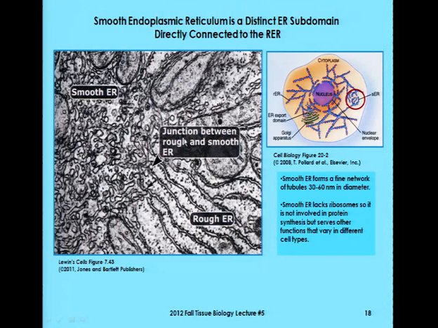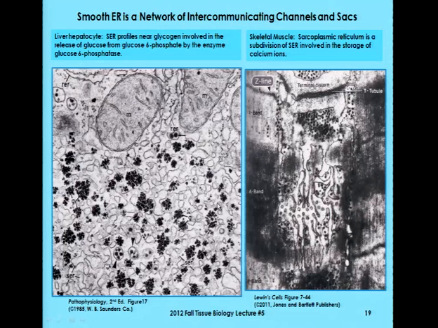So here's our rough ER, the cisternae, studded with the ribosomes. And then the smooth ER is devoid of ribosomes. They are not involved in synthesis as the rough ER is, but have a number of other functions.